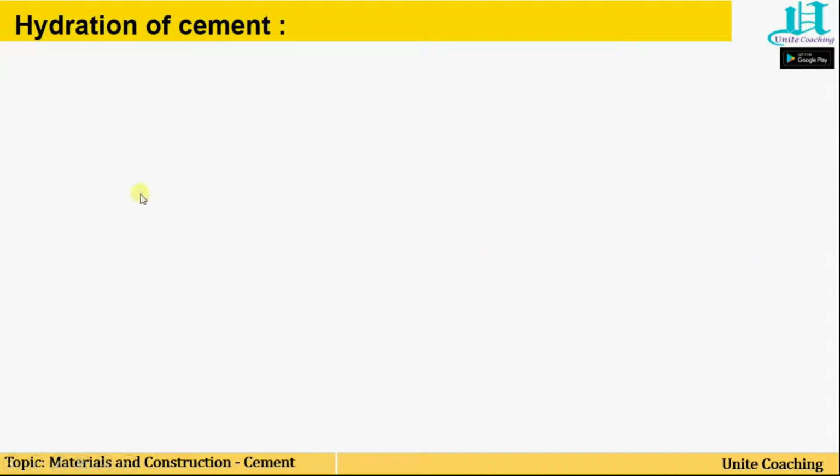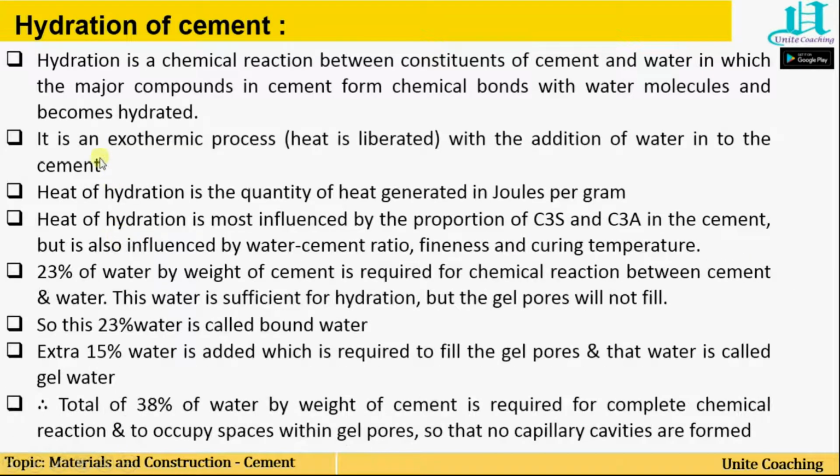Now we will see the hydration of cement. See, hydration is a chemical reaction between the constituents of cement and the water, in which the major compounds in cement form chemical bonds with water molecules and become hydrated. Whenever water is added to the cement, what happens? There is liberation of heat. Now, this process is known as an exothermic process.